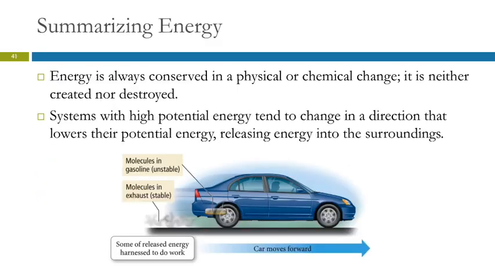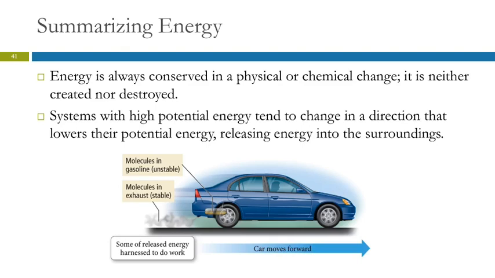Yeah, okay, this works. So here's a picture of a car. We got gasoline in the gas tank. Gasoline has high potential energy, high chemical potential energy, because of the interactions between the substances, between the particles.